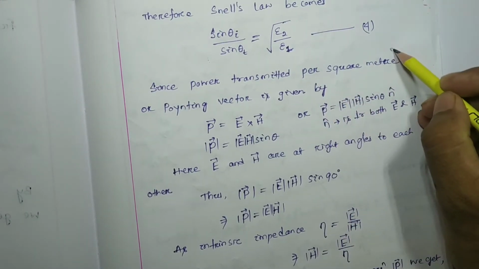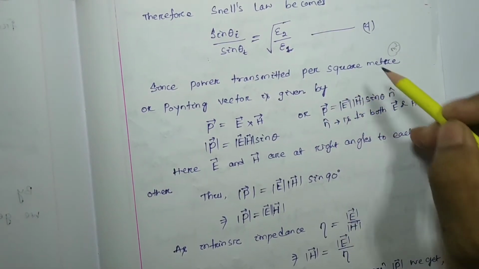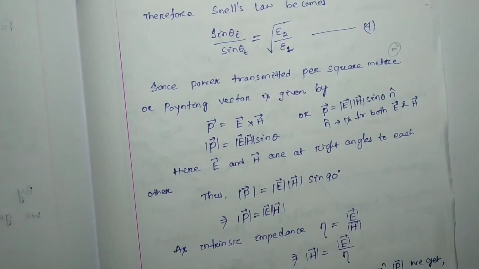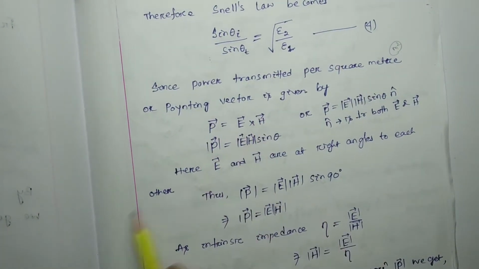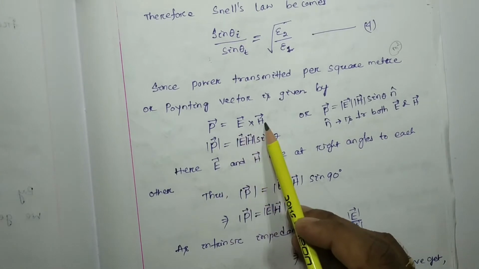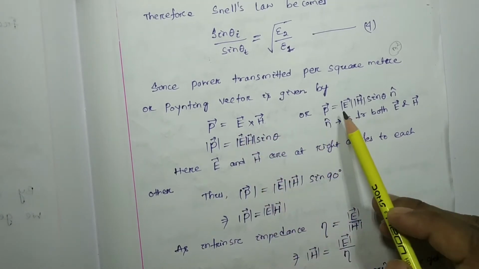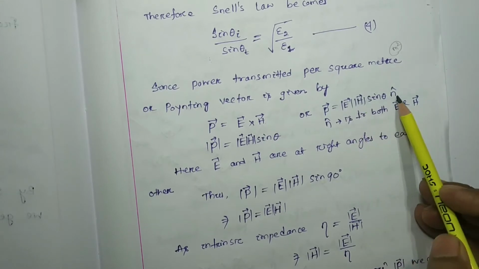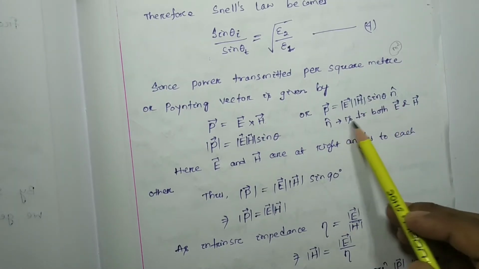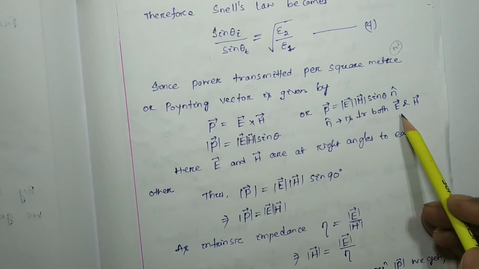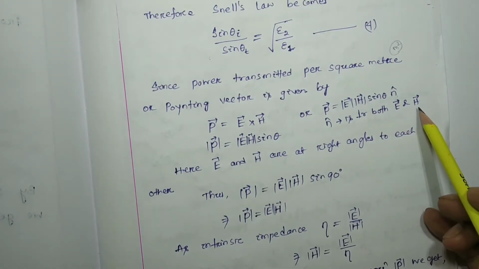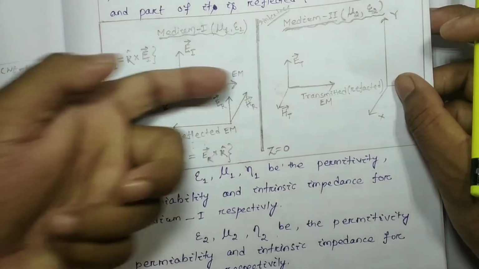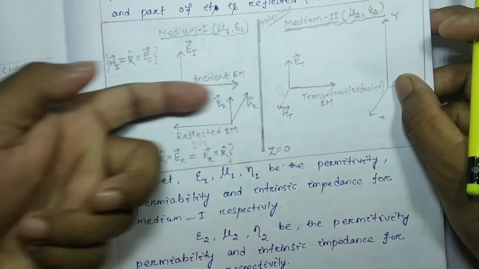P equals E cross H, or P can be written as modulus E modulus H sin theta n cap. Here n cap is perpendicular to both E and H. If we consider the first case, the power is transmitting in this way, normally to the interface.